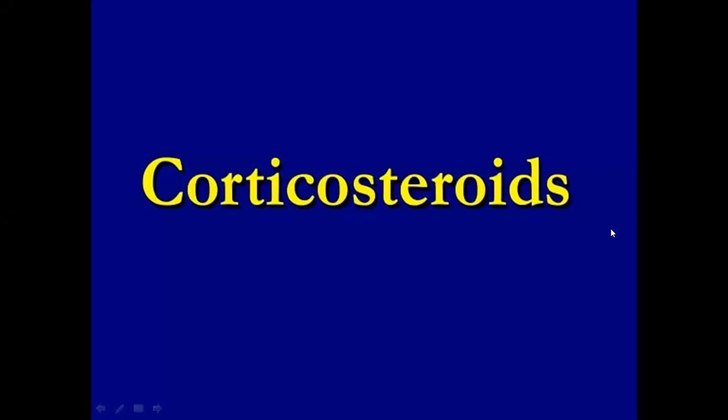In today's lecture, we are going to start the last chapter in the hormone and hormone antagonist unit: corticosteroids. In this chapter, we have to study what is meant by corticosteroids, their definition, and classification: glucocorticoids and mineralocorticoids.